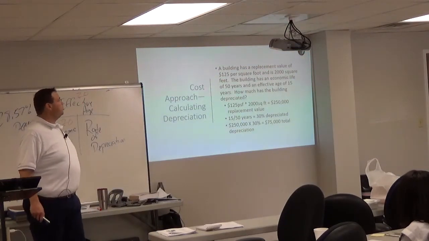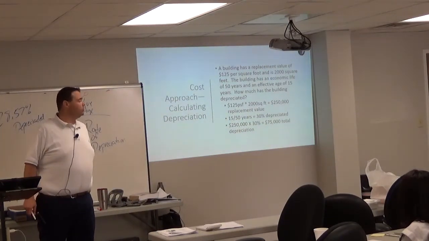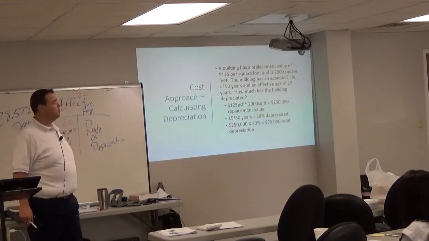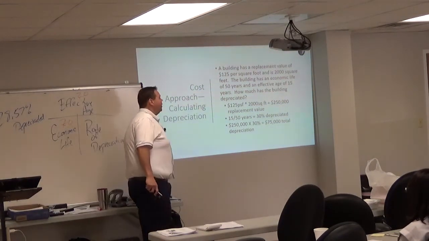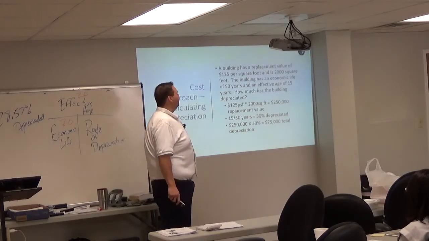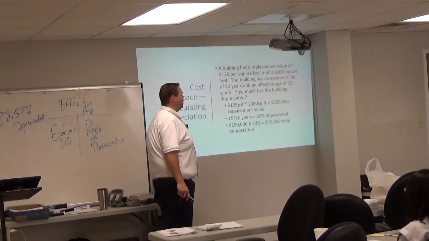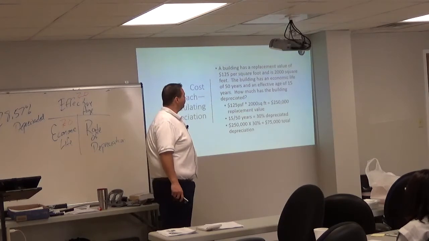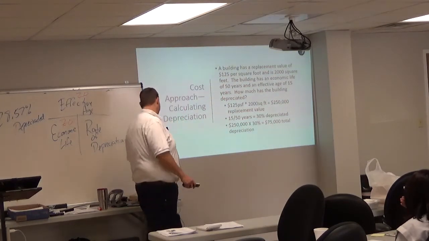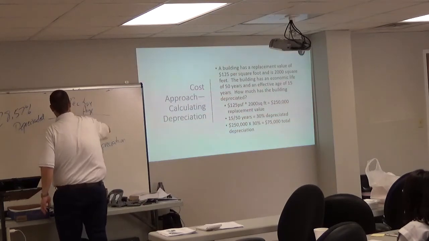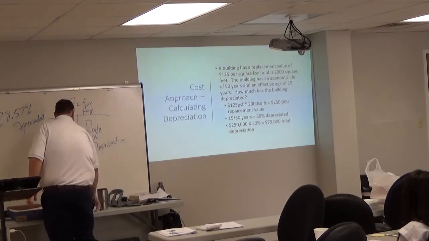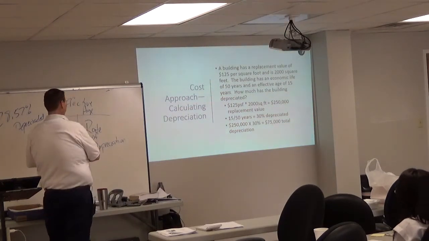So, here's an example. It says a building has a replacement value of $125 per square foot, and it's 2,000 square feet. The building has an economic life of 50 years and an effective age of 15 years. How much has the building depreciated? Well, what they told us is the building has an economic life of how long? 50 years.